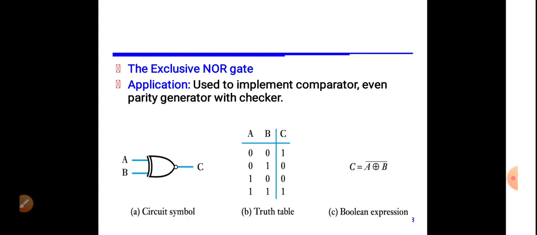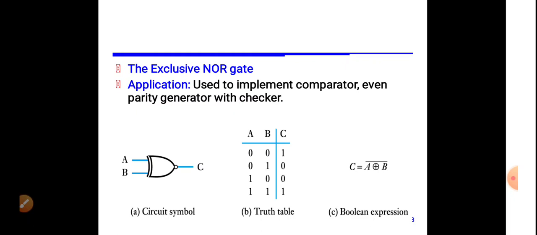If you remember, the XOR gate and exclusive NOR gate are both used in communications, wherever we are transmitting our information using parity generators and checkers. If you remember, we discussed these topics in the last session, which is the Hamming code.